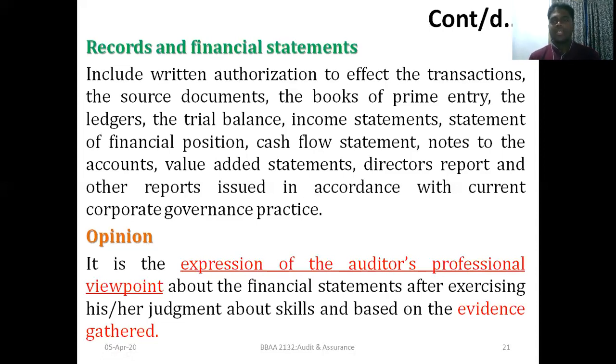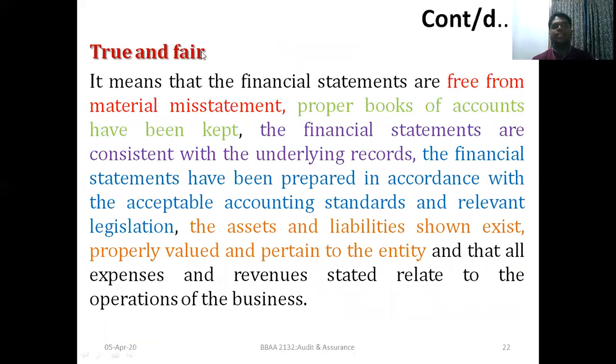Finally, the person comes to the conclusion or opinion as a provisional viewpoint. The person is a professional, CA qualified, so the person should always think professionally. That's an important one. Then finally, the opinion should be about the true and fairness of the information.